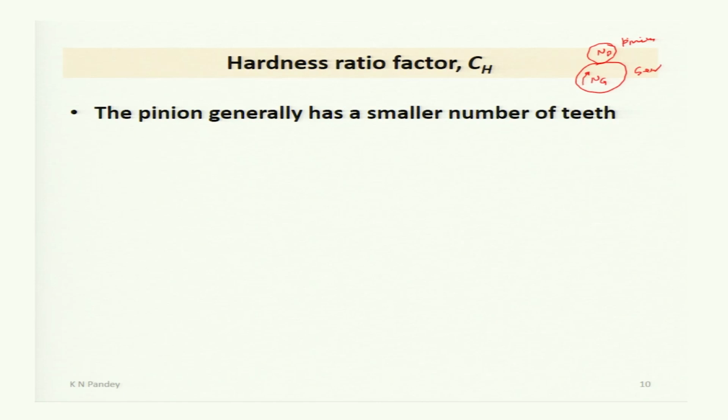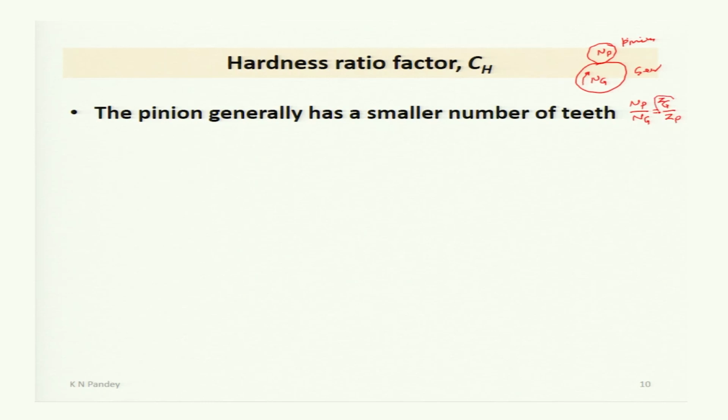We know that Np divided by Ng equals omega p upon omega g, and it is in the inverse ratio of their pitch circle diameters, that is, Zg divided by Zp.